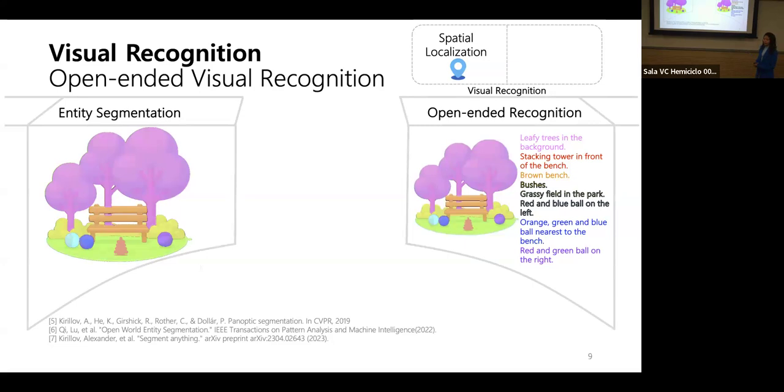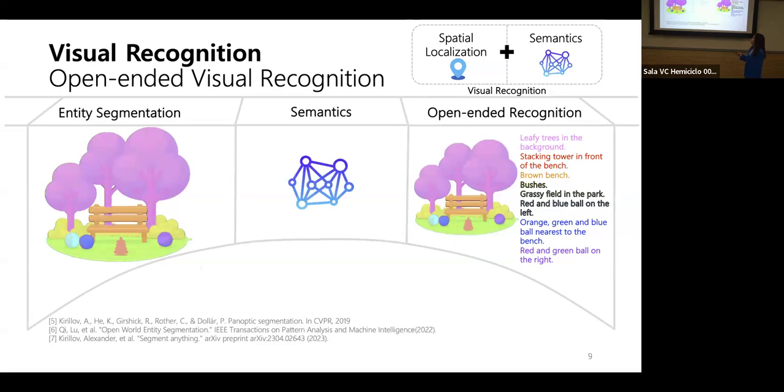My thesis focused on bridging the gap between these two tasks by keeping the spatial precision that we have in entity segmentation with semantics using natural language. Natural language, in addition to giving us the possibility to express semantics as humans, also enables us to generalize to unknown categories and produce outputs that are more flexible and interpretable for human-computer interaction.